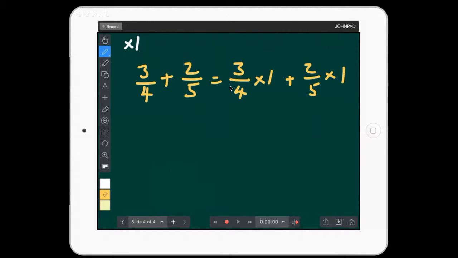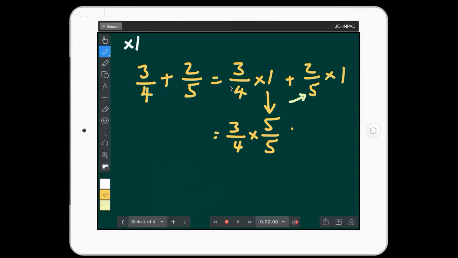So let's take this one and, spotting that there is a 5 here, let's change this to make it 3/4 times 5 over 5, by picking the 5 to match the number in the other fraction.